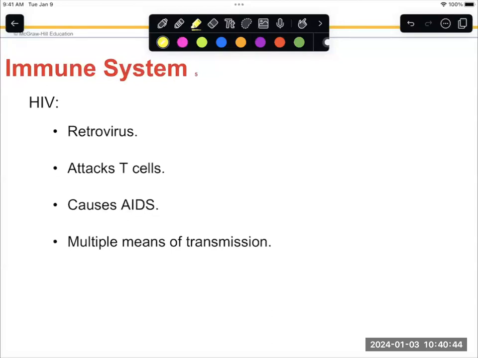Does the same thing. It's attacking those T cells specifically, those T lymphocytes, and it's the T cells' job to normally fight those infections.